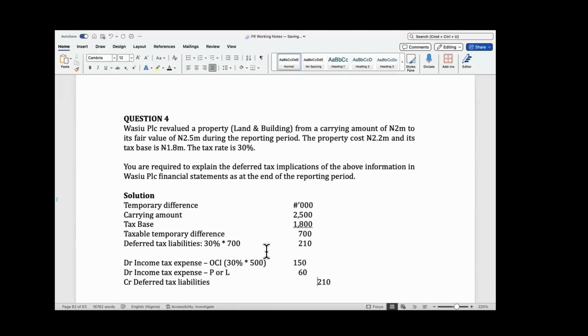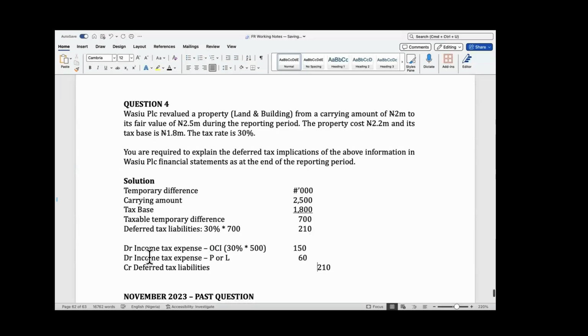So there are some instances where the revaluation surplus portion might just be a part of the deferred tax impact, and the balance will have to go to P&L. You need to understand that this 500 revaluation portion, I determined it by looking at 2 million minus 2.5.